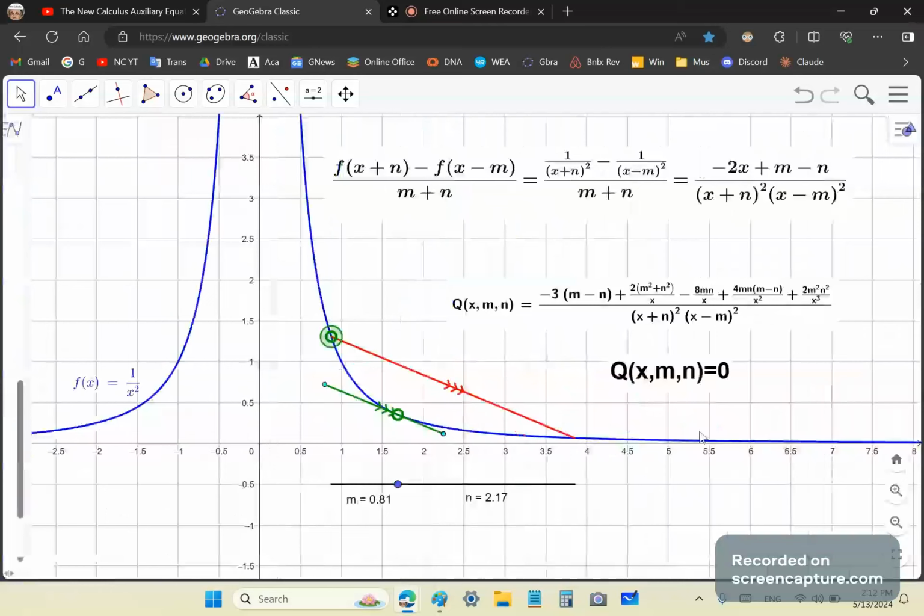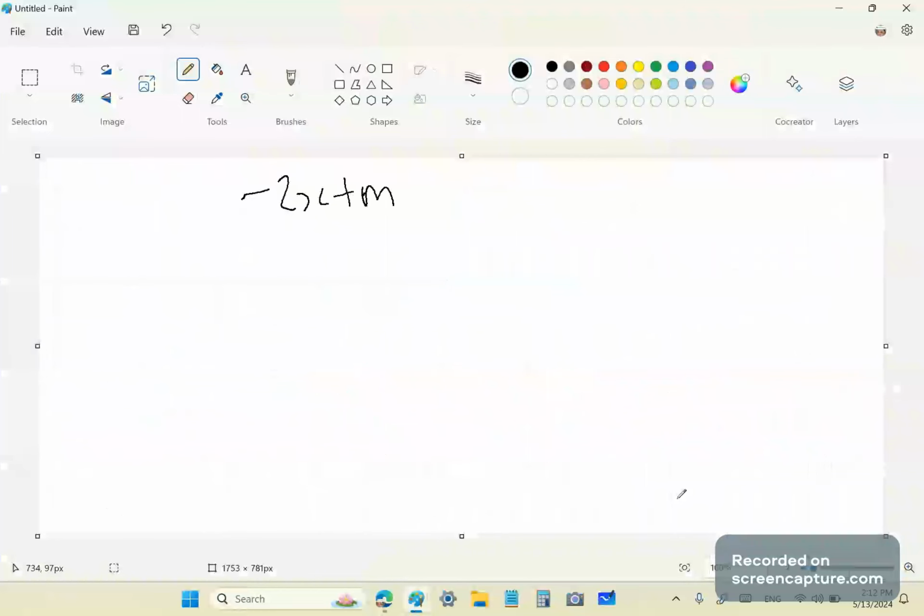So now you might ask, what's happening here? Very quickly, I'll explain. My friend here got to this point where he said minus 2x plus m minus n over x plus n all squared, x minus m all squared.